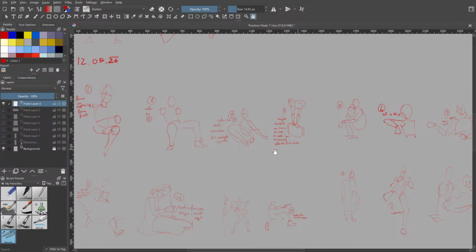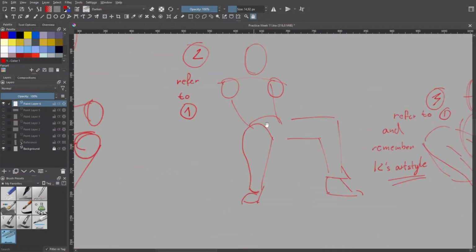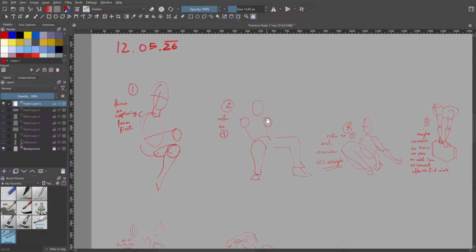What do I mean by this? Center of gravity, sorry. So like this guy, for example, right? Center of gravity is obviously here, which makes this leg kind of off center. It would have to move, I would think, a little bit more to the left here to properly support the person.